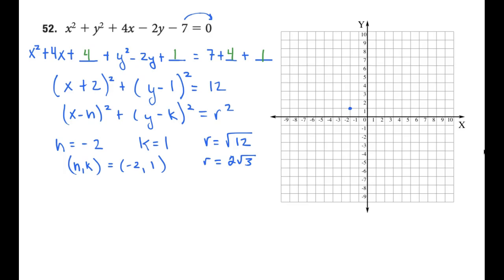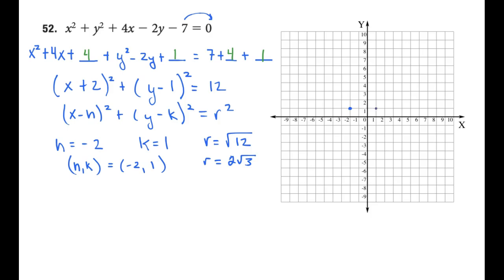And then the radius is going to be 2 square root of 3, which I did not work out. I know that square root of 12 is between 3 and 4 because it's between square root of 9 and square root of 16, which is 3 and 4. So since my graph isn't very exact, I'm just going to make it kind of like 3 and a little bit extra.